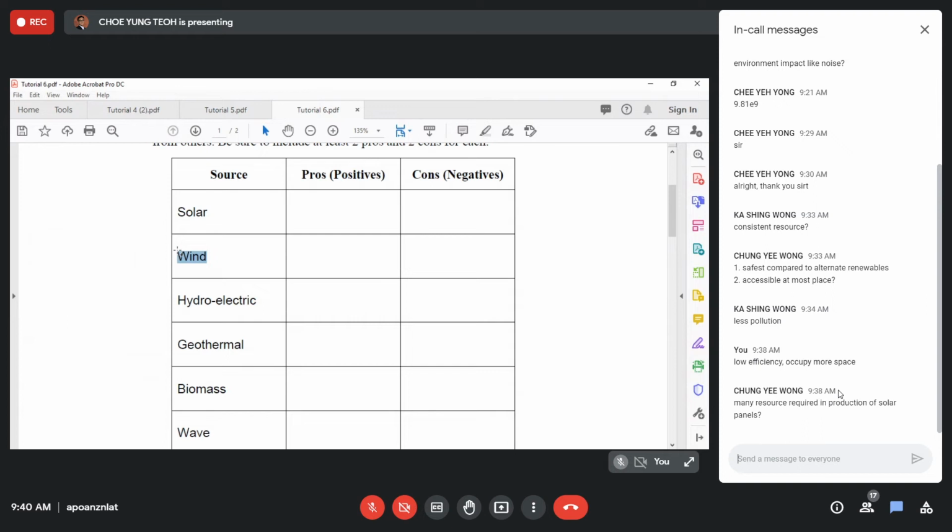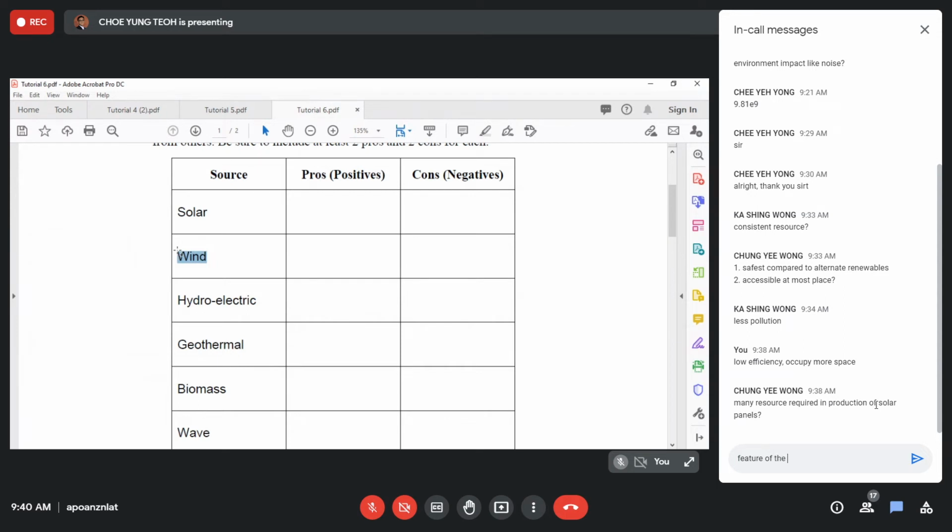What's the advantage of wind compared to other types of renewable energy? Or maybe you can talk about disadvantages as well together. If you have any idea, you can just talk about it.